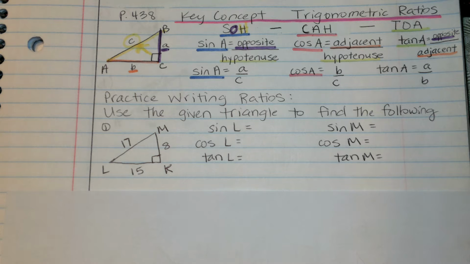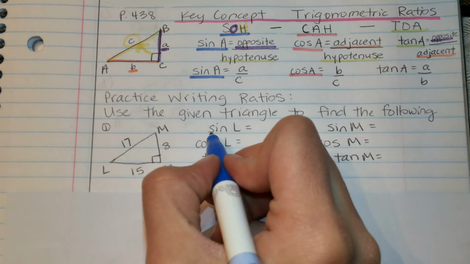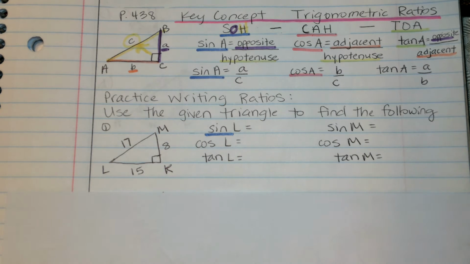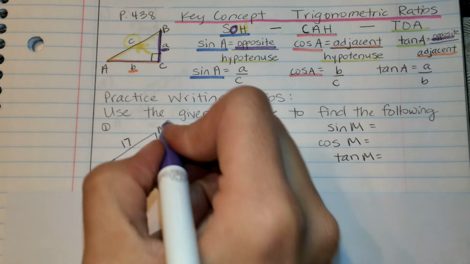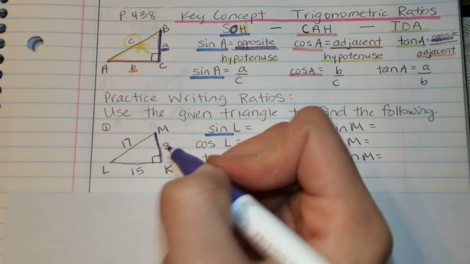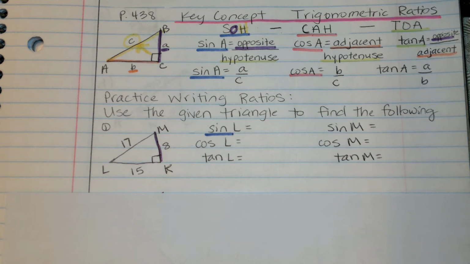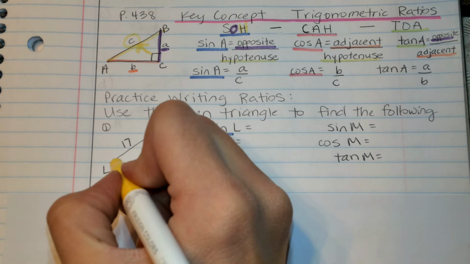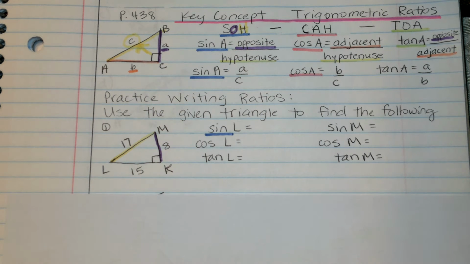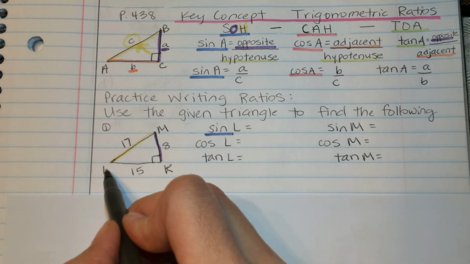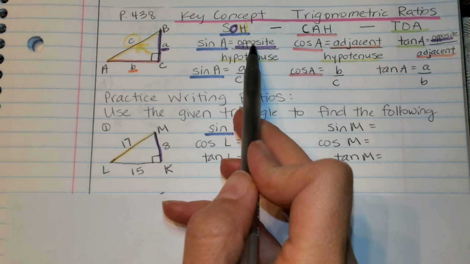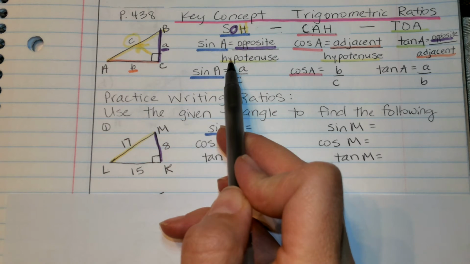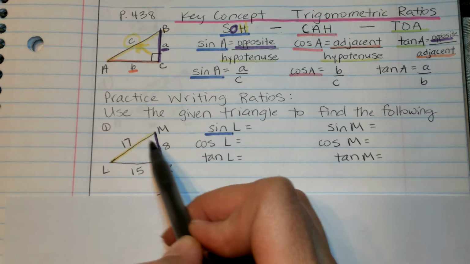So I'm going to look up at the upper part from the key concept. Sine L would be my opposite over hypotenuse. I'm going to do purple again for opposite and yellow for hypotenuse. So from angle L, I'm looking at sine, opposite over hypotenuse.